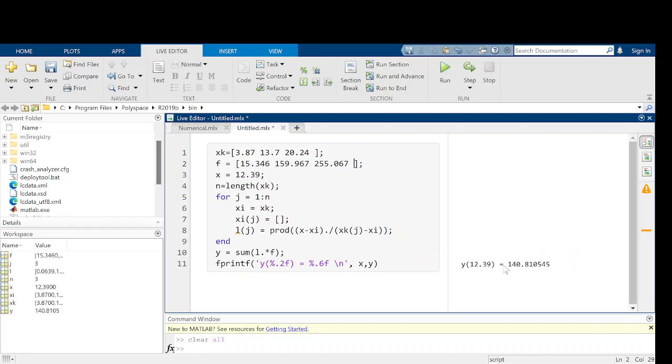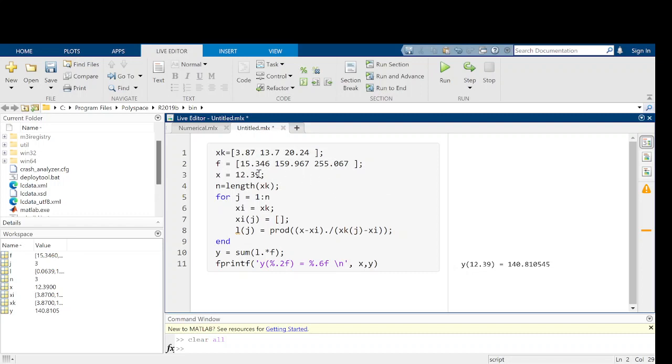So I'll get the output as 140.810545, which is the value of y when x is 12.39.